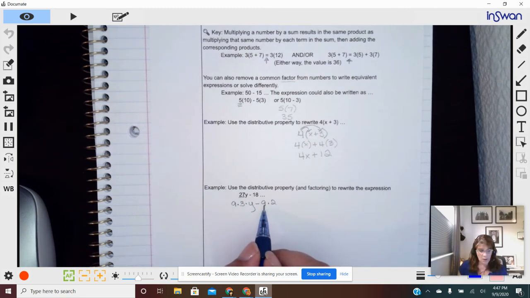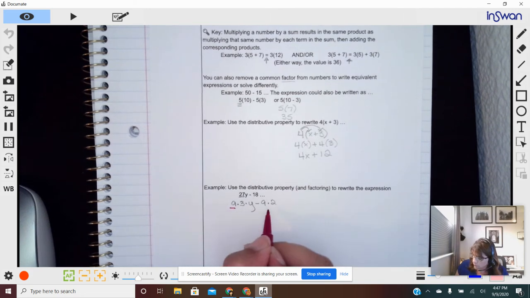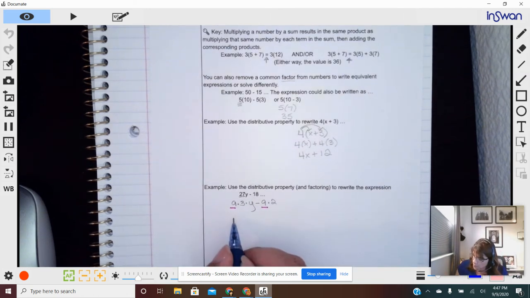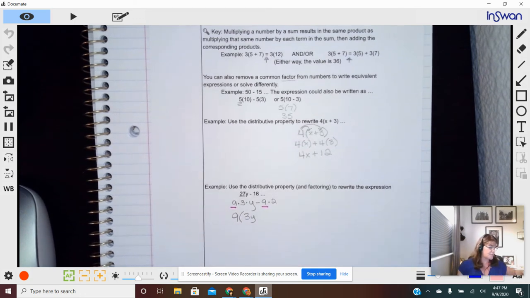Well, look what's in common here. So now I can do something called factoring out. All it means is I only have to write it one time. So I'm going to write the 9 down and a parenthesis, because 9 is now times everything inside. 3y, because that was left.